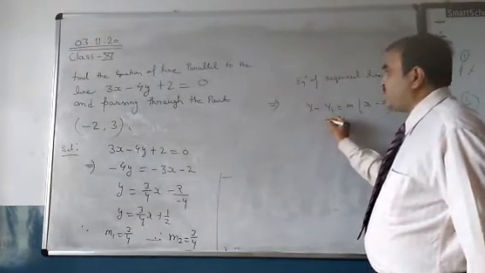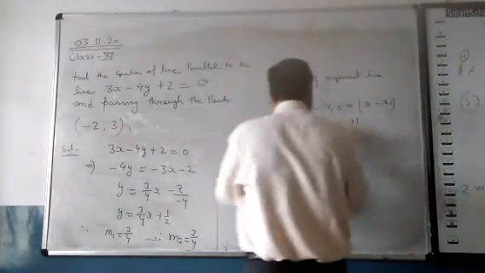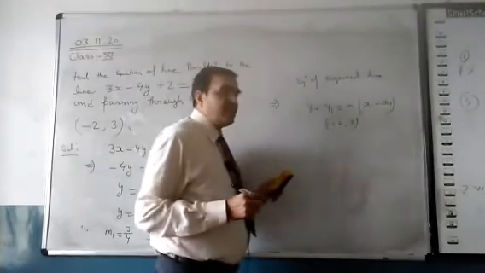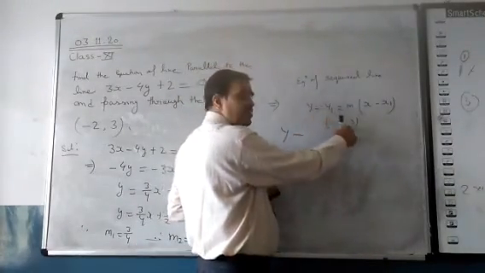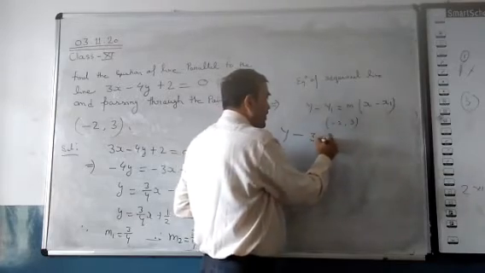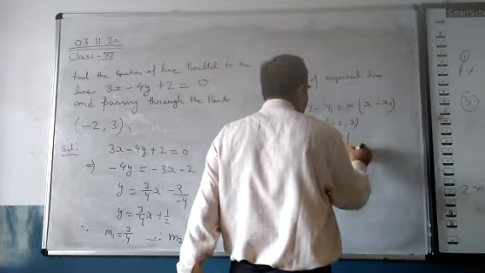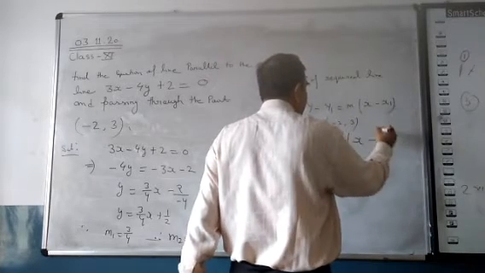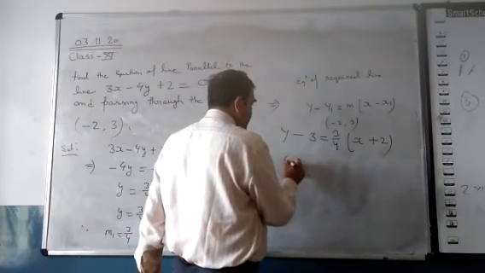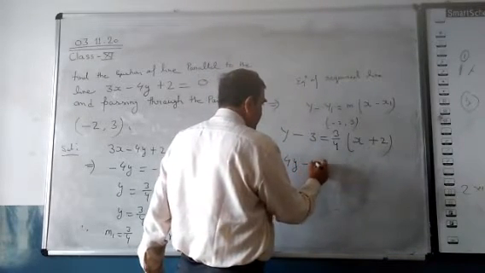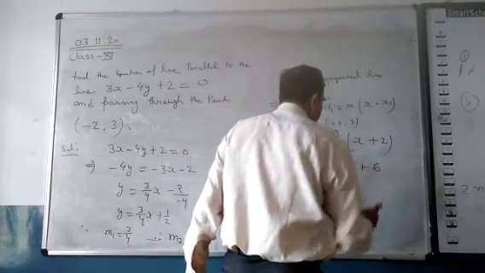Since the line passes through minus 2 comma 3, y minus y1, where y1 is 3, equals the slope 3 by 4 times x minus minus 2, minus will be plus, that is, 4y minus 12 equals 3x plus 6.